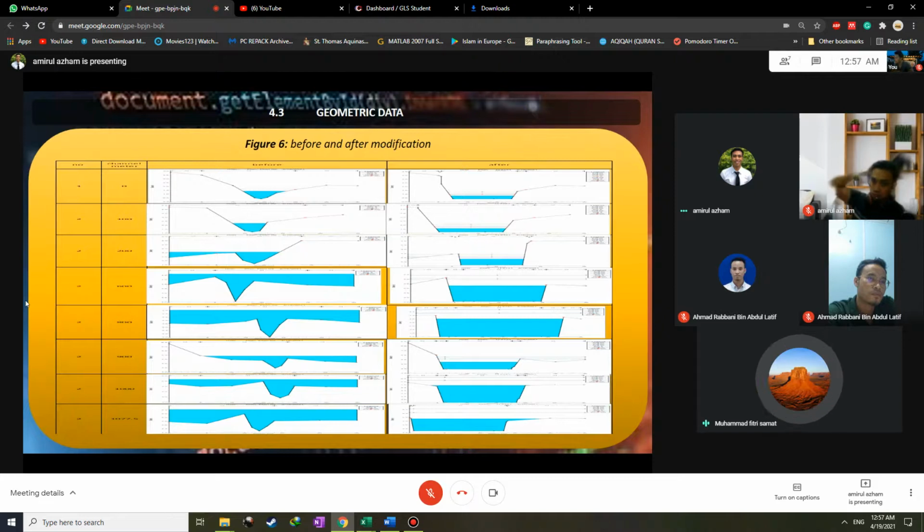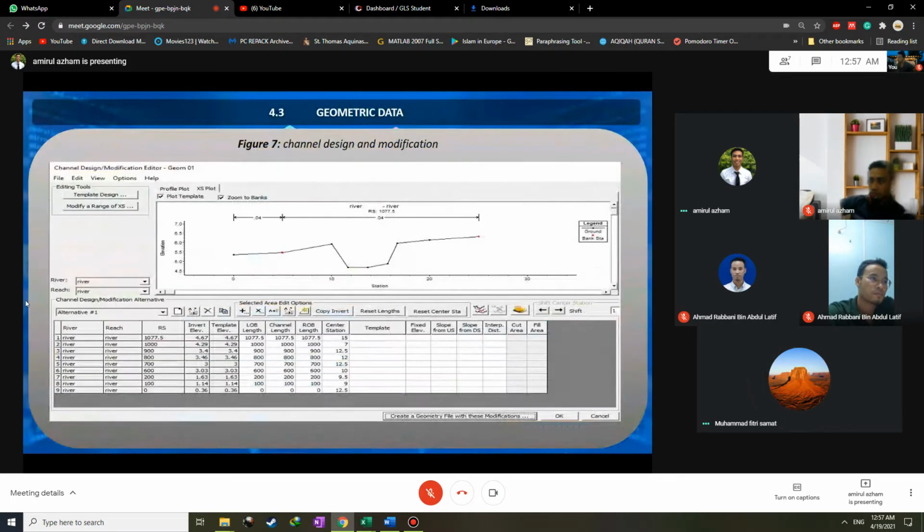On the left, the water overflows from the channel, and after we do some modification, in the right picture you can see that the water is below the ground, and we managed to successfully prevent flooding. Okay, next. And this is the same picture as before. Next.